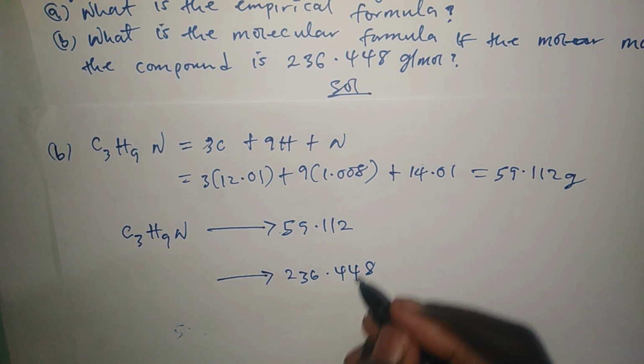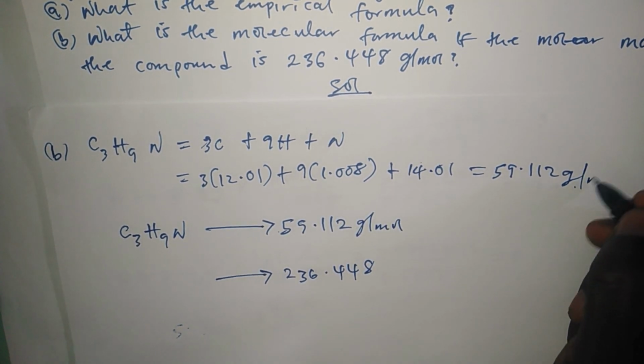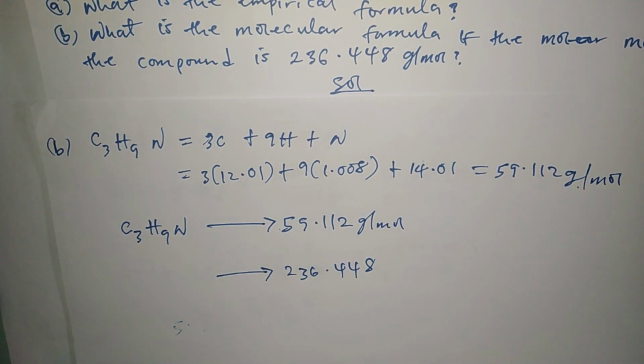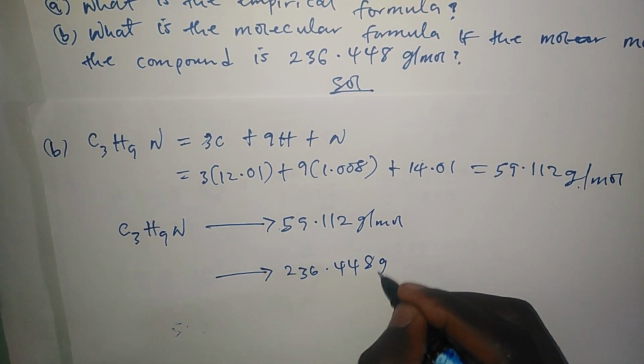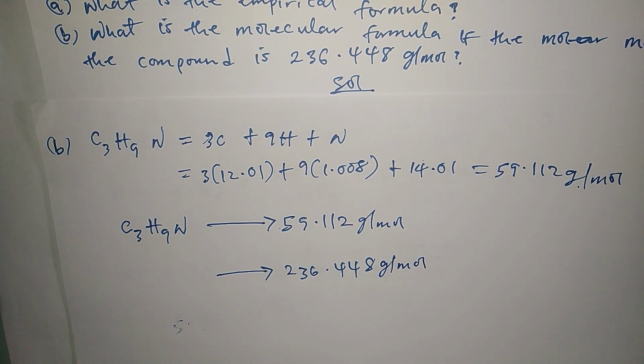This is grams per mole. Grams per mole, that's the molar mass. Therefore, to find the molecular formula of this particular compound, we'll divide the molar mass of the compound by the molar mass of the empirical formula.